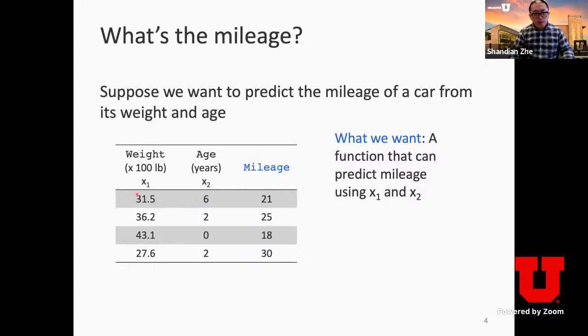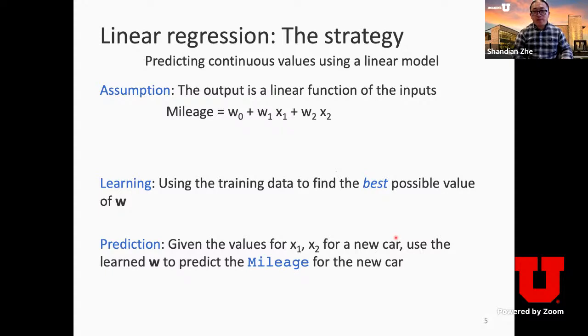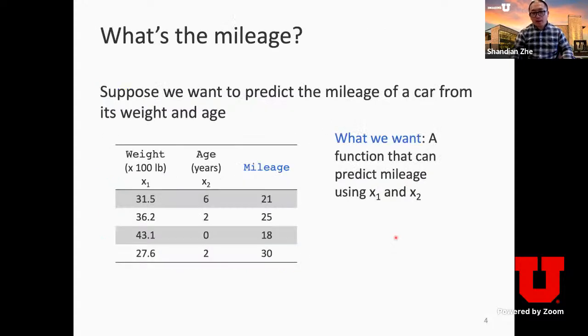Each row corresponds to the weight, years, and the mileage. From those examples, we want to learn a function that can predict the mileage using x1, x2, where x1 and x2 are weight and age respectively. This is our task. Obviously, this is a regression task. Why? The output is a continuous number.